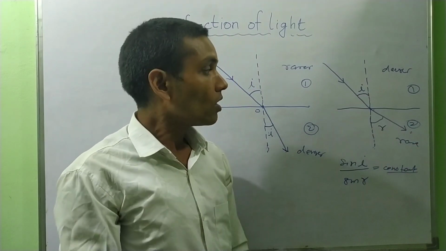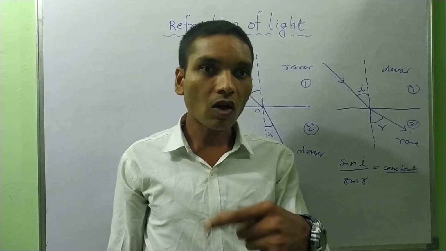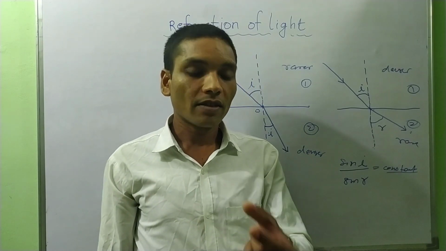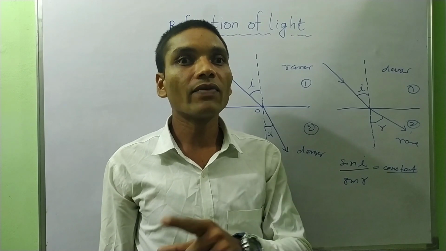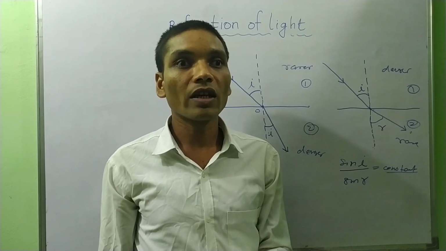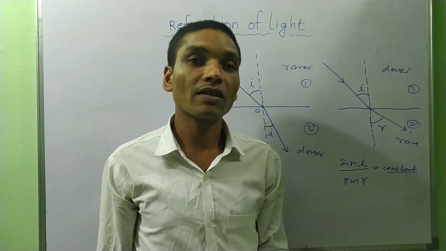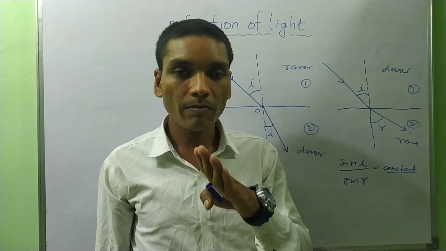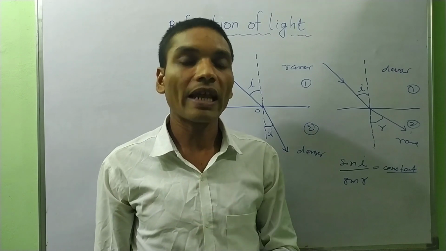So the cause of the refraction of light is that the speed of light in different material media is different. That's why the light ray bends or refracts.